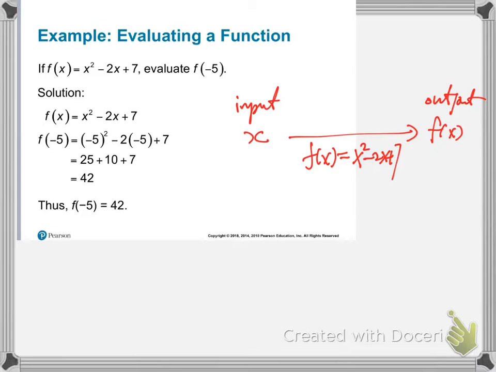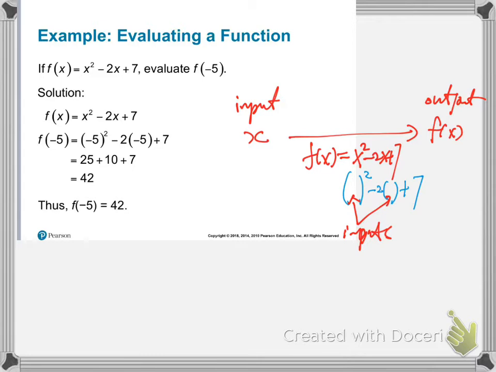Any input you get, this is input squared, x stands for input, so input squared minus 2 times the input plus 7. So we just replace x by the given number. They are the inputs.